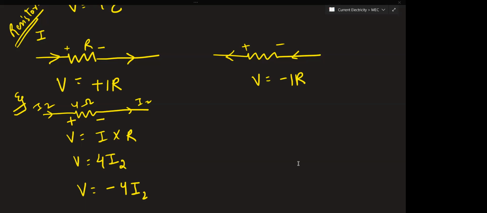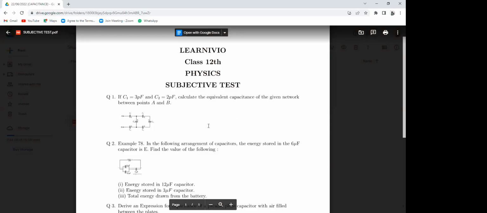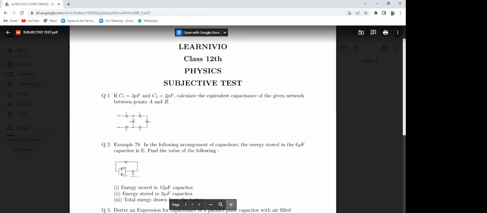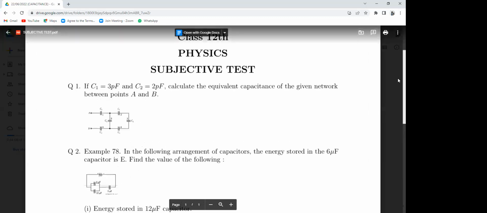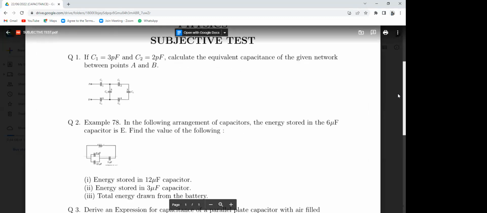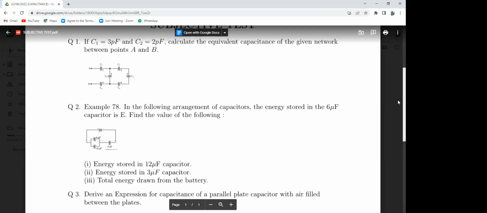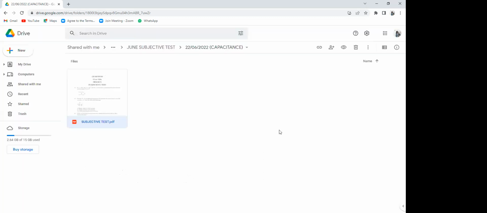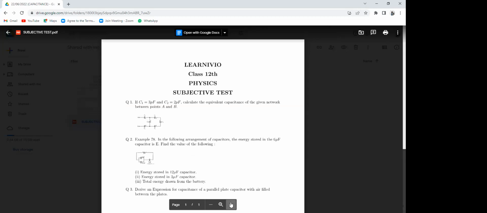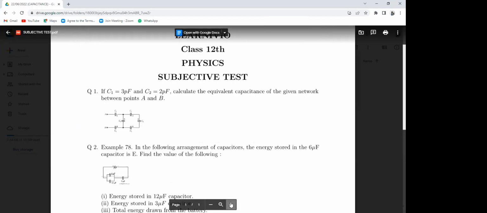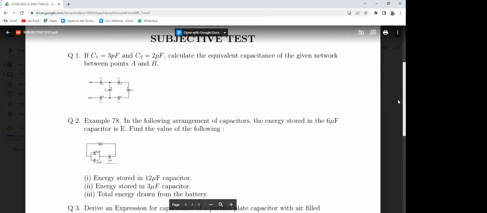Otherwise, the duration of the test is half an hour. If you are unable to see the figure, just let me know. I'll redraw it.